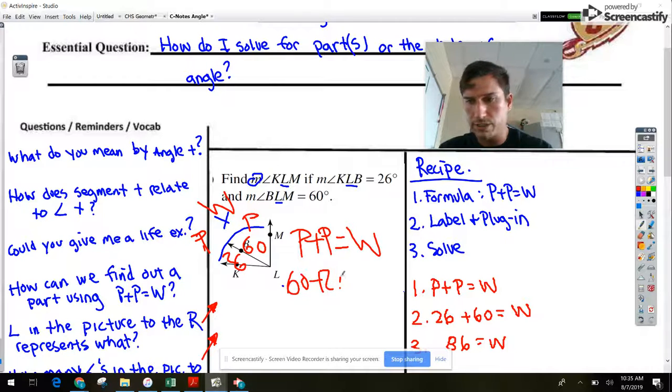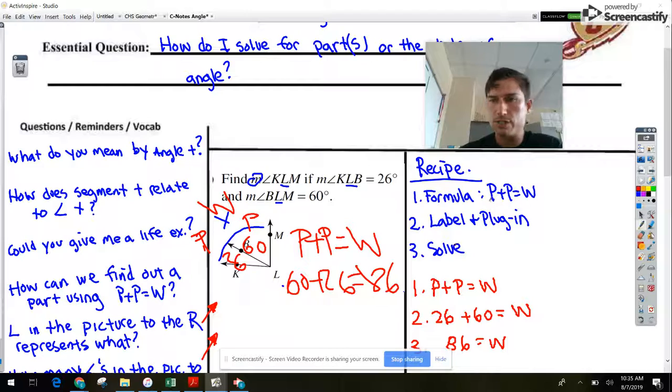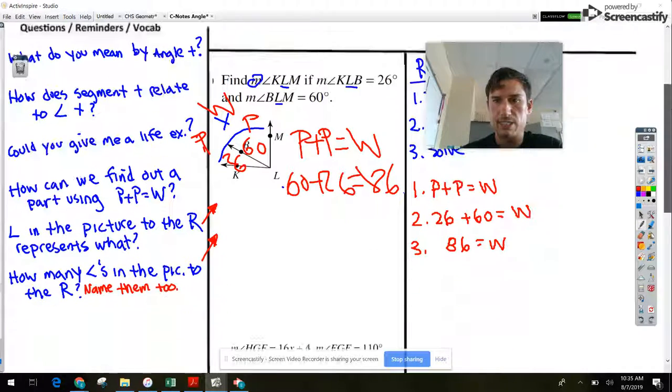It's really hard, guys, to write with your finger on this computer, but I'll get better. So that's 86. So the measure of angle KLM is 86 degrees.